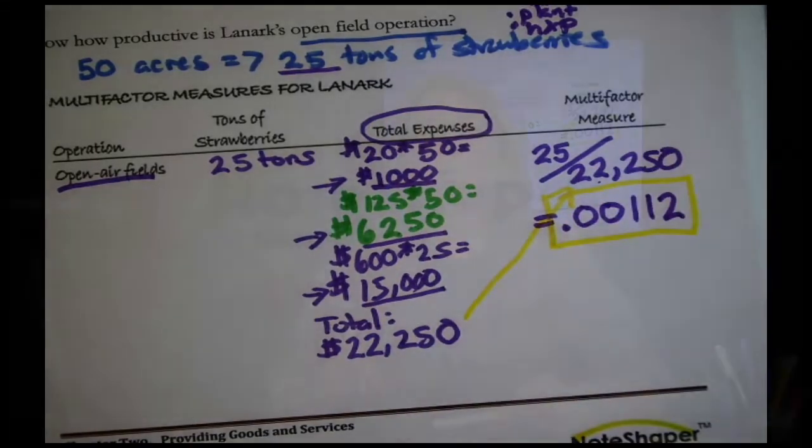0.00112. What is that? Well, first off, that is the actual multi-factor measure for the open air fields. We can articulate that.